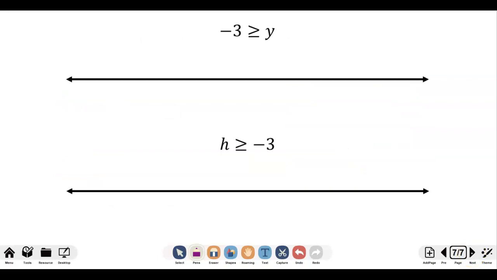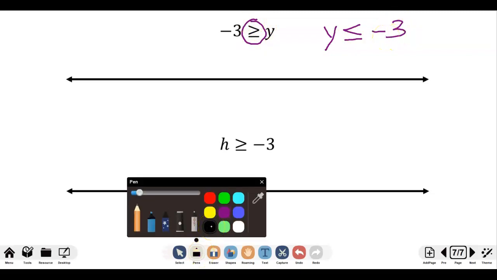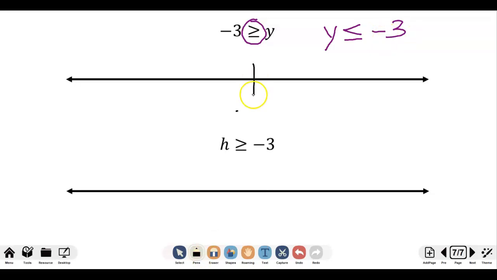So if we have -3 is greater than or equal to y, we need to turn this around before we graph it. We need to get that y on the other side of the inequality. So we're going to rewrite this with y first, and then we got to flip that sign. So instead of saying greater than or equal to, we're going to turn it around so it says less than or equal to, and then the number stays the same. So when we go to graph it, now we're looking at -3.